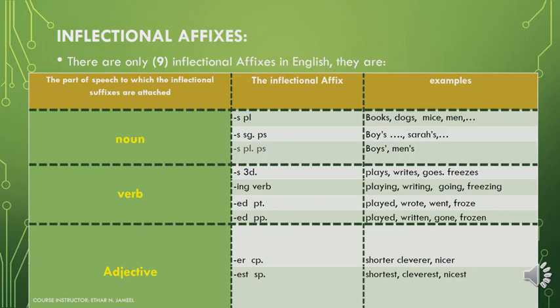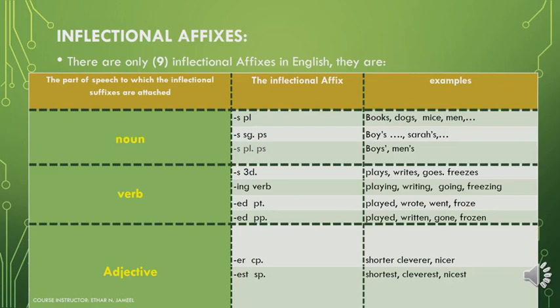Ed past participle is another inflectional affix that is added to verbs. Its short form is EDPP. In the exam, you can recognize the inflectional affixes by short forms. You can write them in their short forms. You do not have to write ed past participle in a full form.